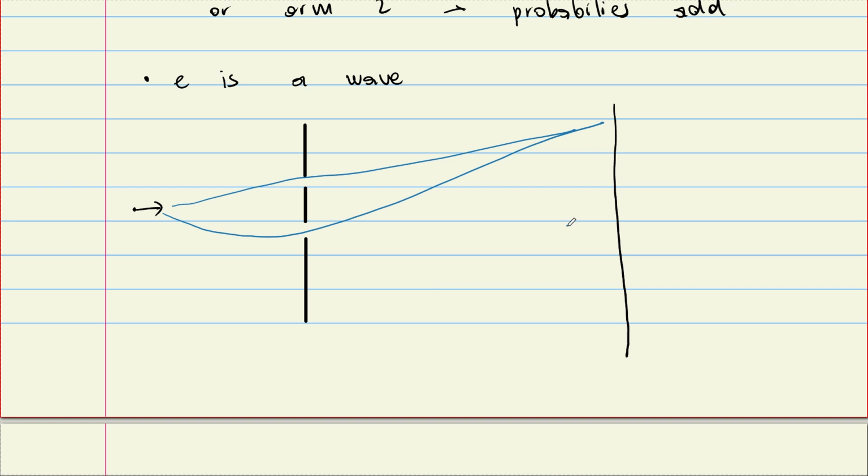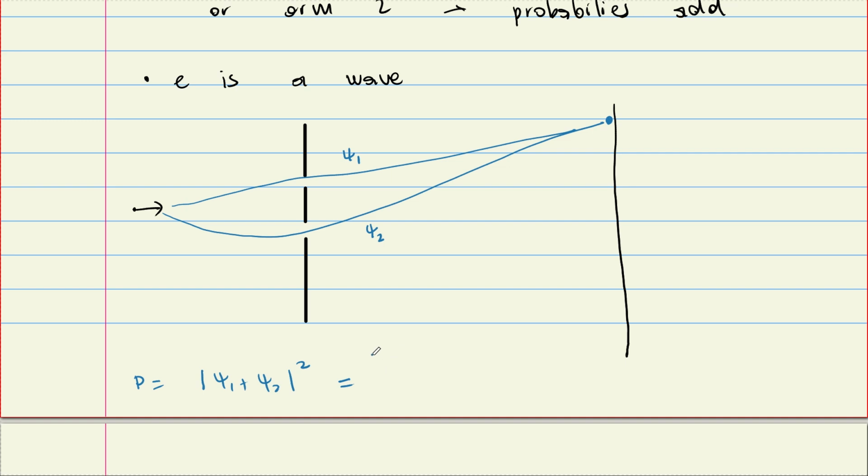And we know, so if we call this psi1, if we call this psi2, the probability to see the electron at a point on the screen, the total P, is going to be the absolute value of psi1 plus psi2 squared, right? We add the amplitudes, not the probabilities.